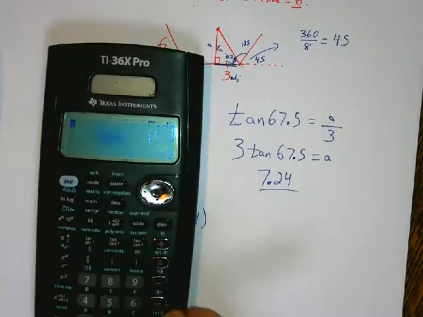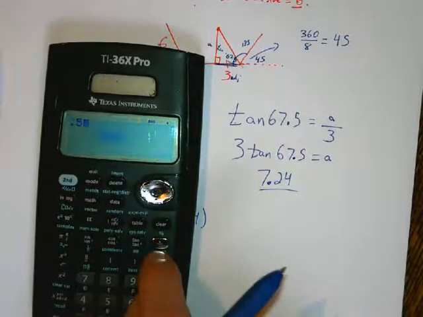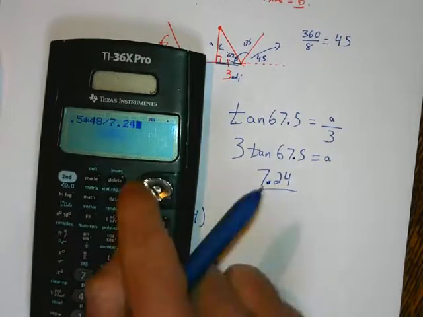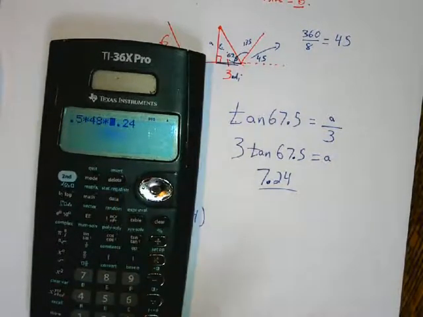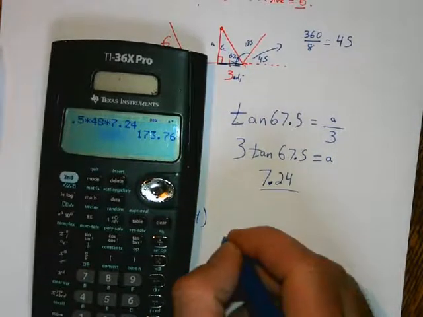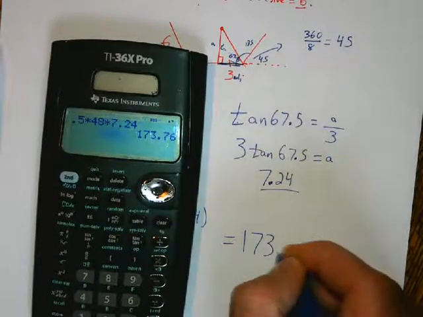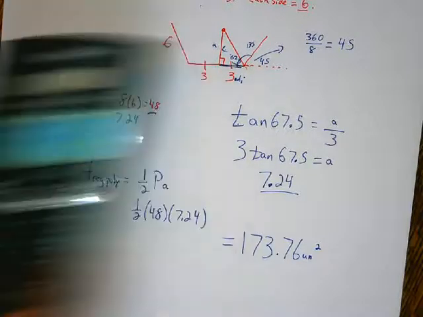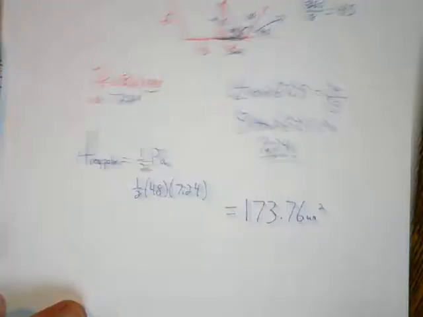Calculator. 1/2 times 48 times 7.24. Oops, I hit divide by, sorry. Change that. And I get 173.76 something squared.